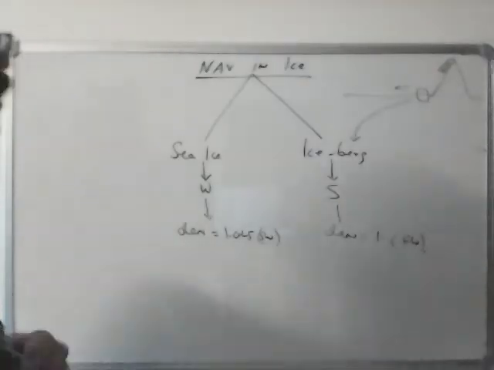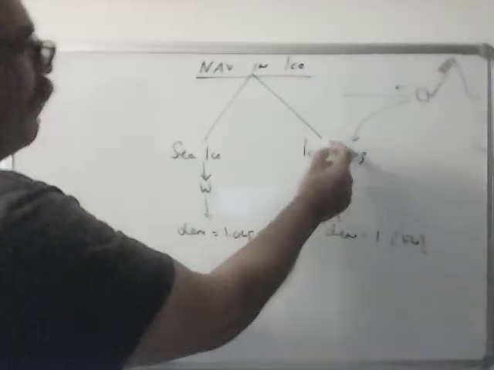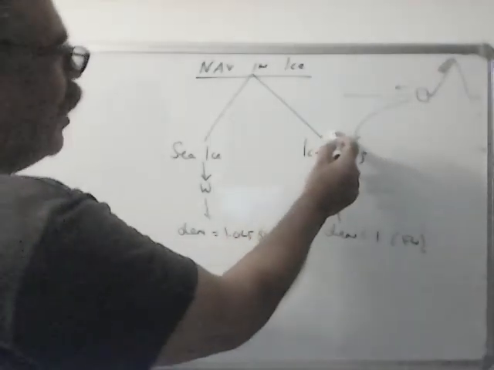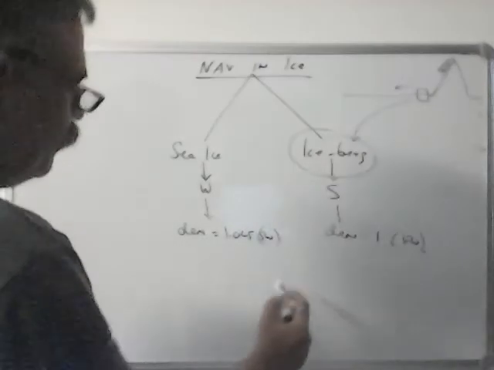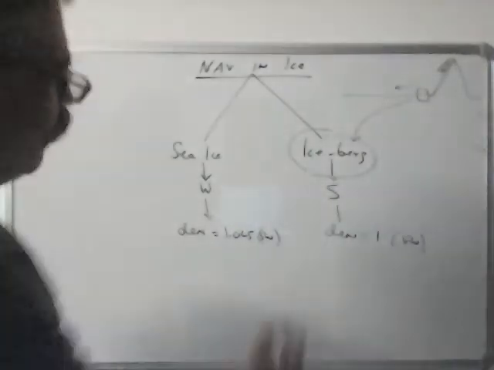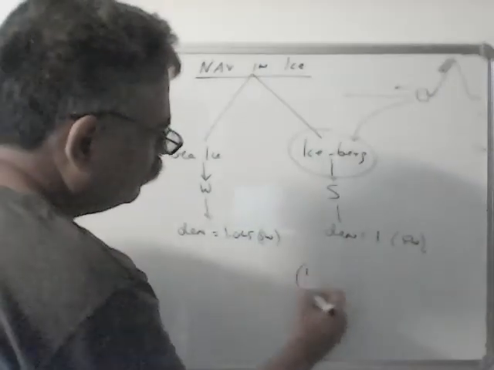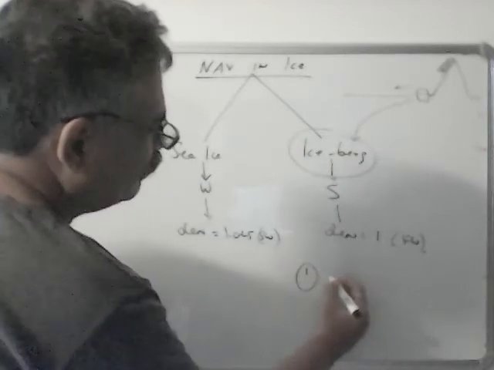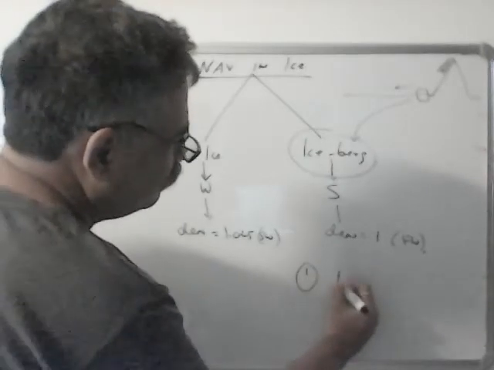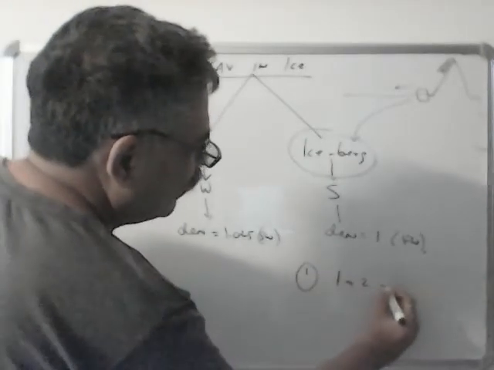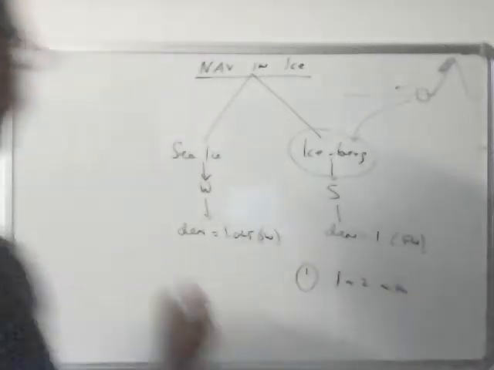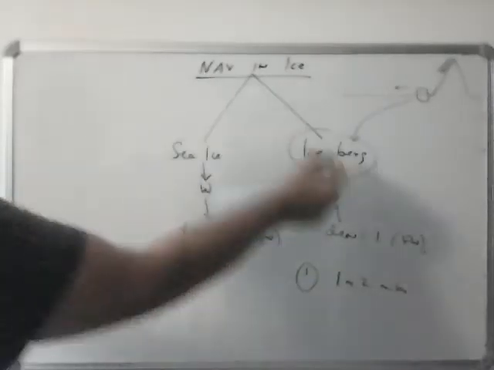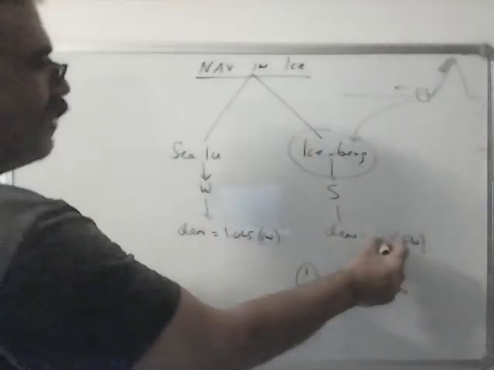Now, what extra precautions do you have to take when in an iceberg area? You will have to do two things. Whenever you pass an iceberg, you have to pass at least 1 or 2 miles away. The reason is density, as I said, is fresh water.